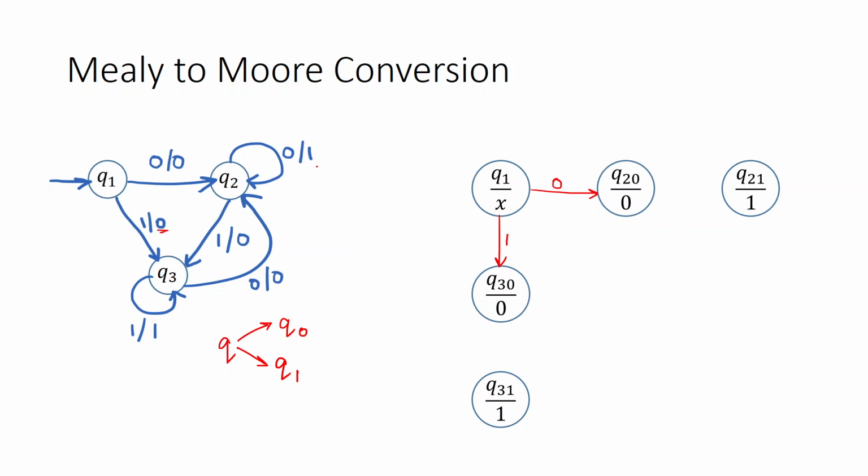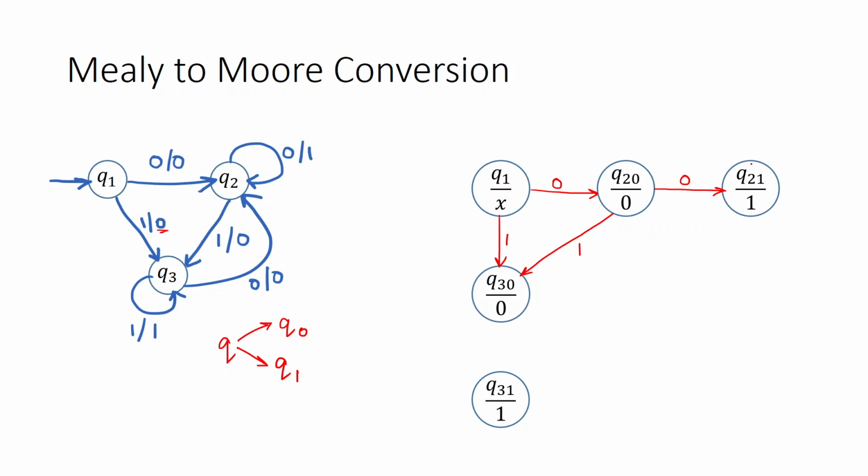So you are basically going to Q2 1. So this would be the arrow. For 1, when you are given 1 to Q2, you are going to Q3 0. So this is for 1.